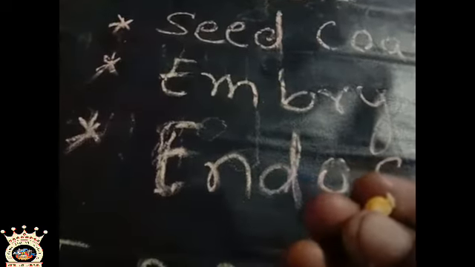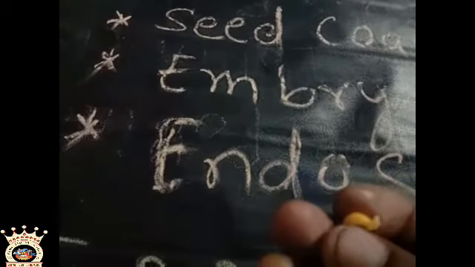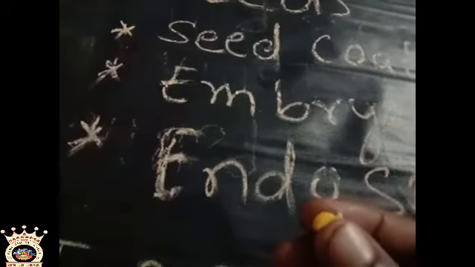Then along with this, here this is the cotyledon, the seed leaves we can say. In some seeds the seed leaves store the food for the baby plant. Some seeds have seed leaves but they can't store the food.